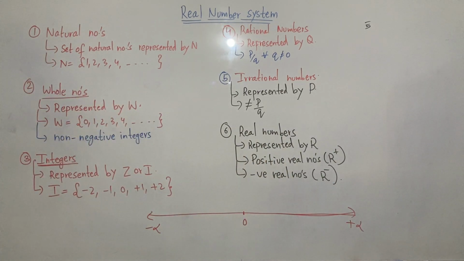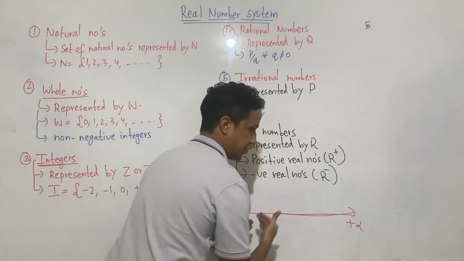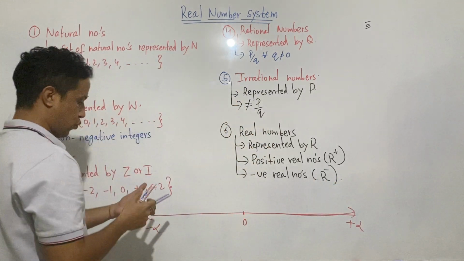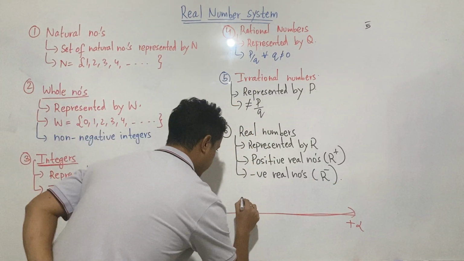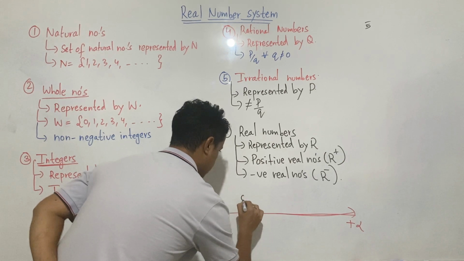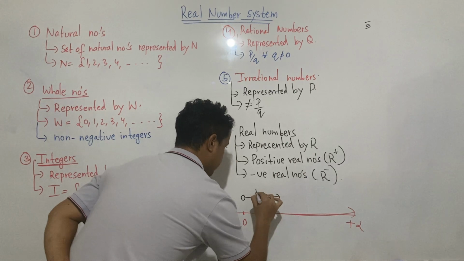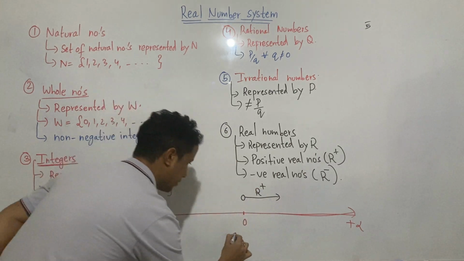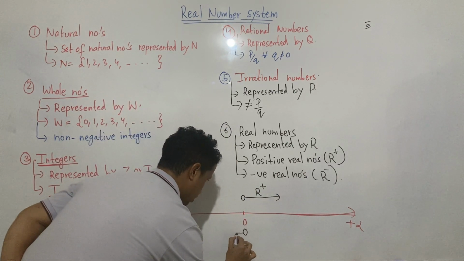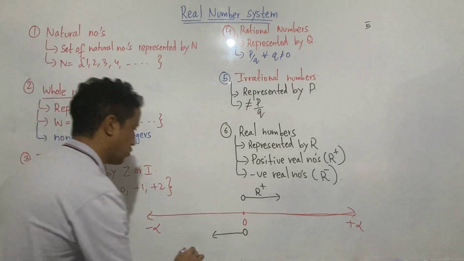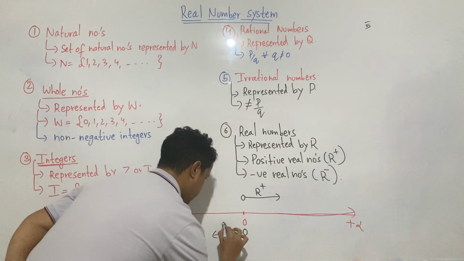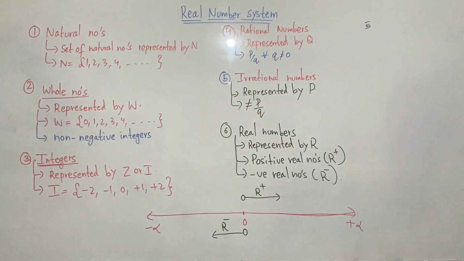Anything after 0 or towards this side, we have positive real numbers, and anything at this side we have negative real numbers.